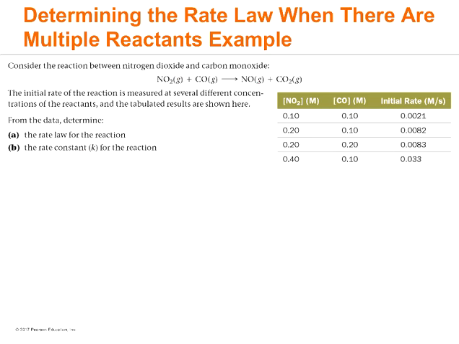So let's say that the initial rate of the reaction is measured at several different concentrations for each of the reactants, and the tabulated results are shown here. From that data, let's determine the rate law for the reaction and the rate constant for the reaction.